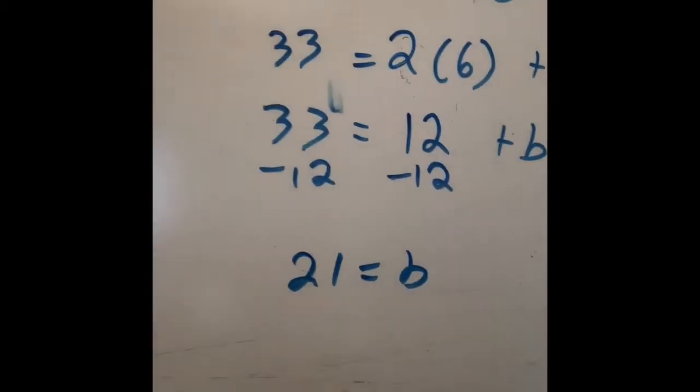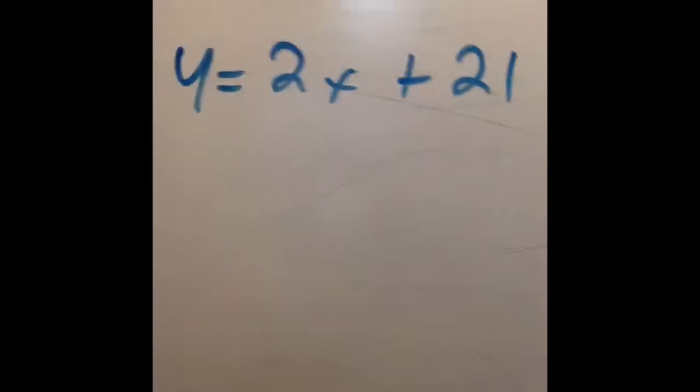And you get 21 equals B. 21 equals B. So your final equation is y equals 2x plus 21. That's my final equation for this situation. I did that by finding the slope first, then finding the y-intercept by subbing in a point.